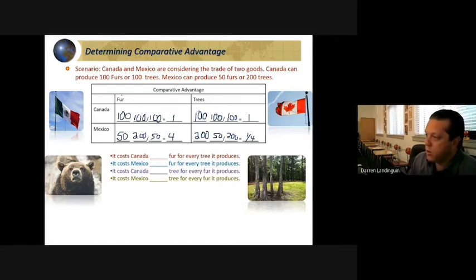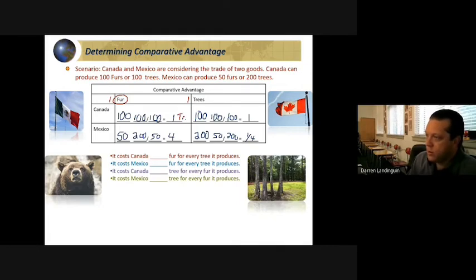Okay, now, again, the question is, what is it that we're actually looking at? Well, remember, whatever is in the above portion of the table is going to represent what they are producing per unit. So like 1 fir, 1 tree. And what is below that is going to be the opposite. So if we're looking at Canada and their production of 1 fir, then right here would be 1 tree, okay?